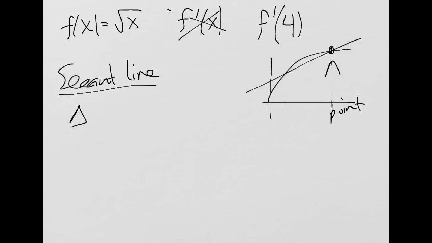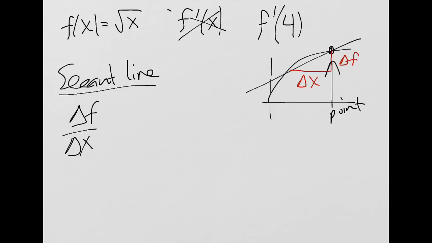So what I want to do is, I've got my little triangle that I can draw. This would be delta f. This would be delta x. What I'm looking at on my secant line is the slope of it. So it's delta f over delta x.